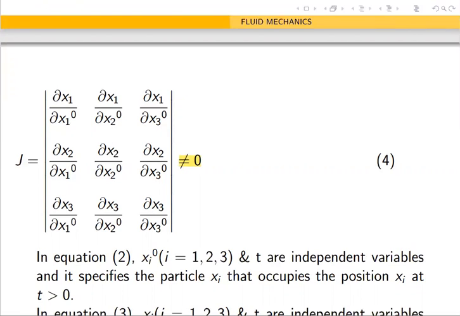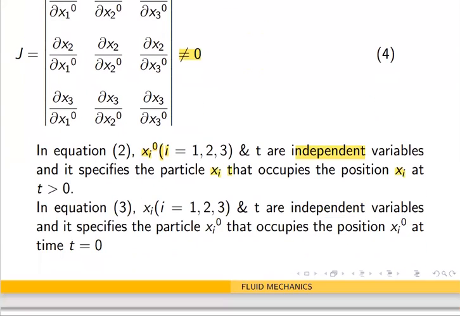In equation 2, ξ⁰ and t are the independent variables, and it specifies the particle ξ that occupies the position ξ at t greater than 0. In equation 3, ξ and t are the independent variables, and it specifies the particle ξ⁰ that occupies the position ξ⁰ at time t equal to 0.